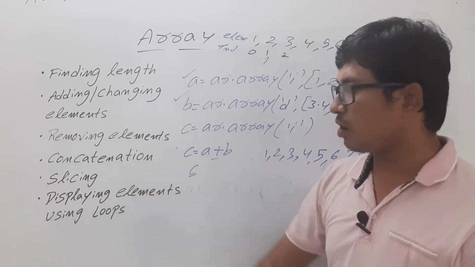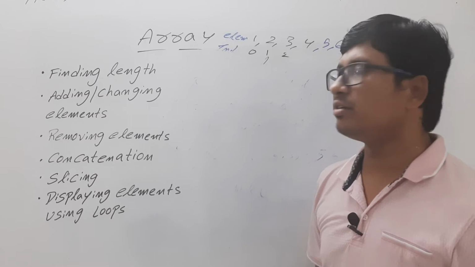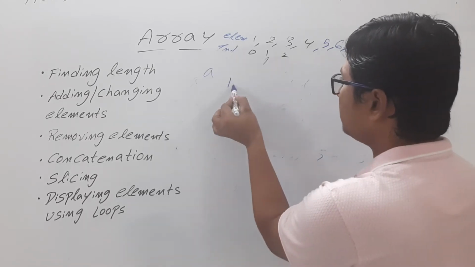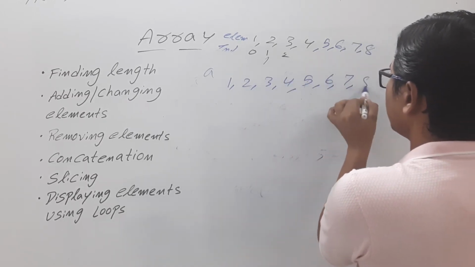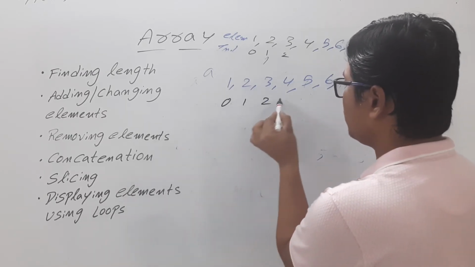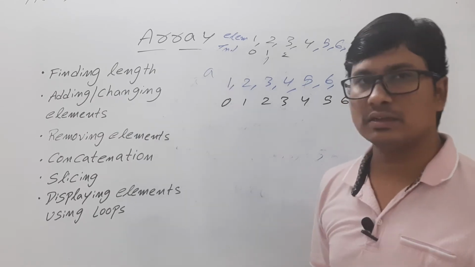Now let me discuss how you can perform slicing. Let's say in an array A, you have elements 1, 2, 3, 4, 5, 6, 7, 8, at the indexes 0, 1, 2, 3, 4, 5, 6, 7. These are the indexes and these are the values.